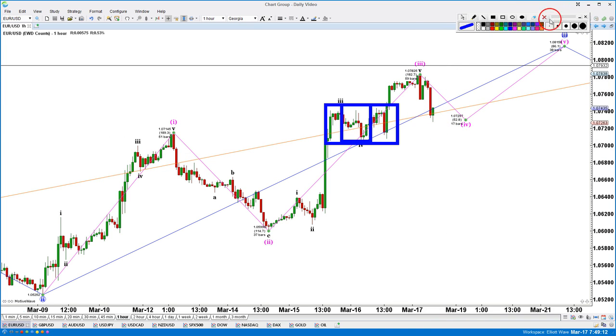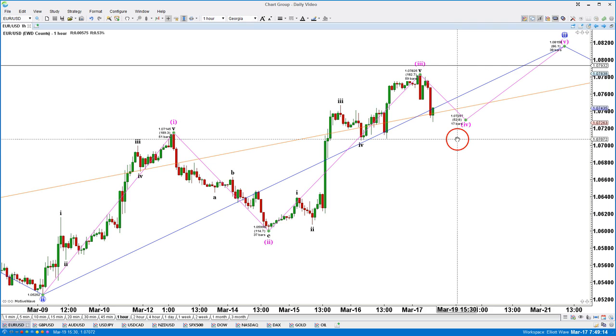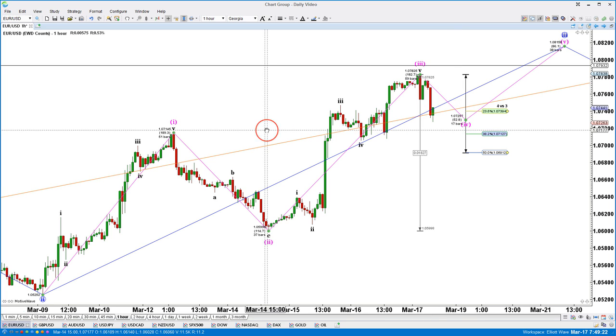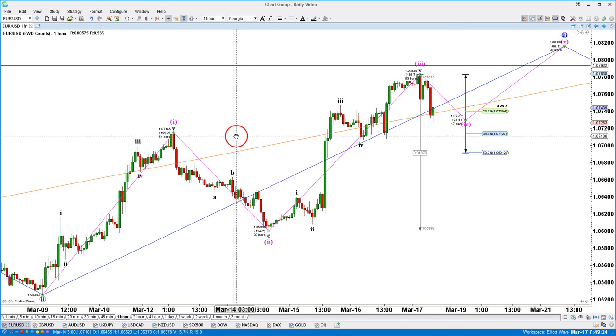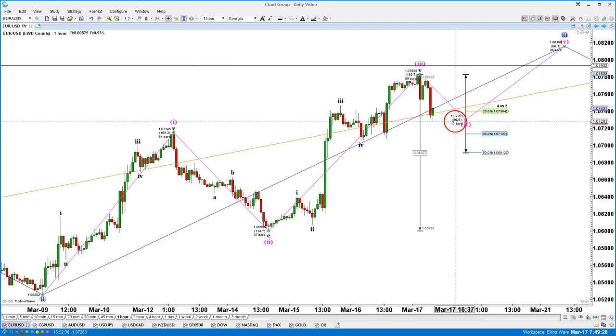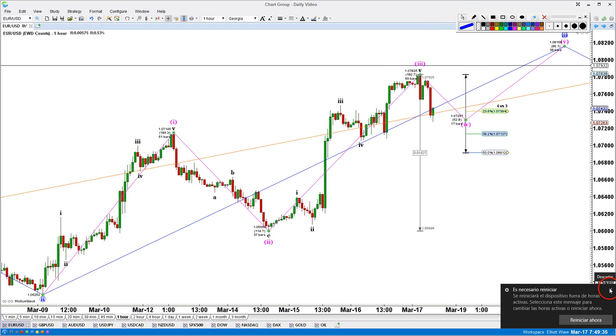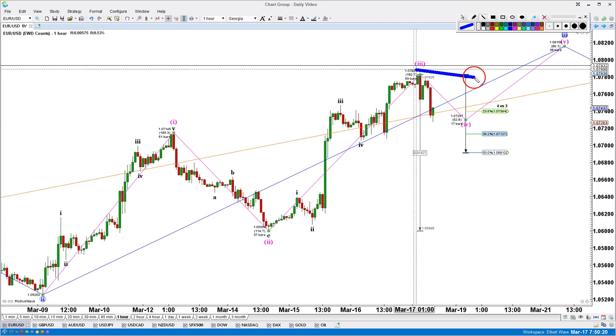The wave 4 that is active right now is expected to retrace less than the 38.2% because we are in the extension. We don't want to see the price coming inside the previous wave 1 area. So actually the expected is that the price will start building a consolidation.